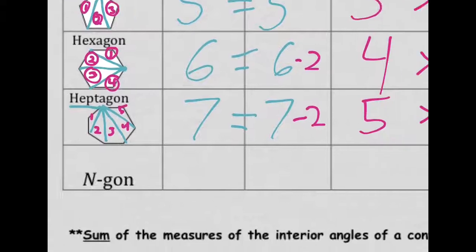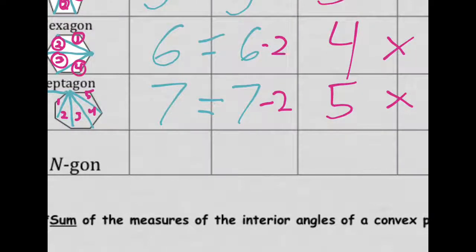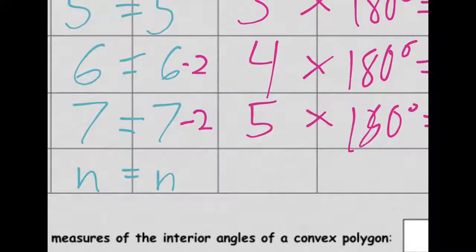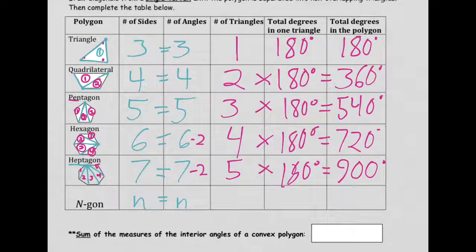Okay, so what's our pattern here? If you have n sides, that's going to equal n angles, right? And for the number of triangles, that's just going to be however many sides you have minus what? A 2, right?